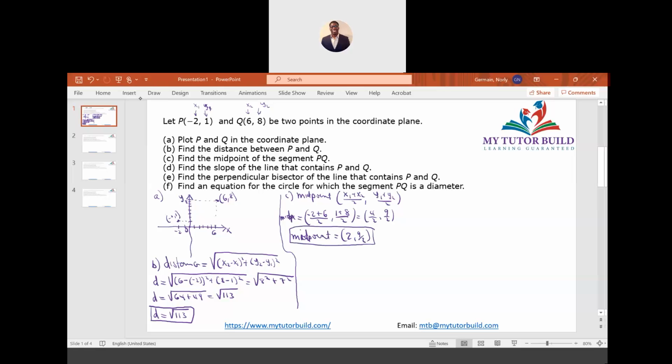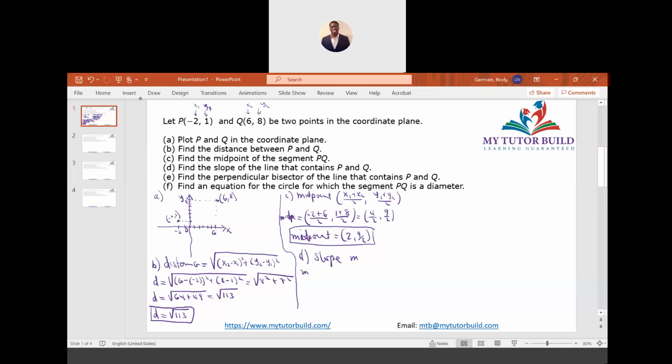Okay, that was the third question. That will be the fourth question because we already found the distance. We found the midpoint. Now let's go with finding the slope of the line. For this line, if you're looking for the slope, there is a formula. Usually we call slope m.